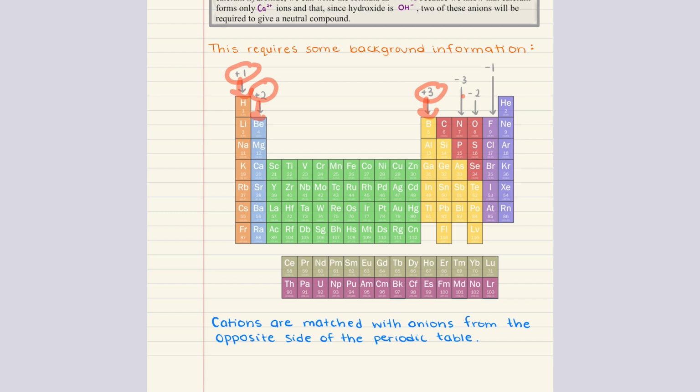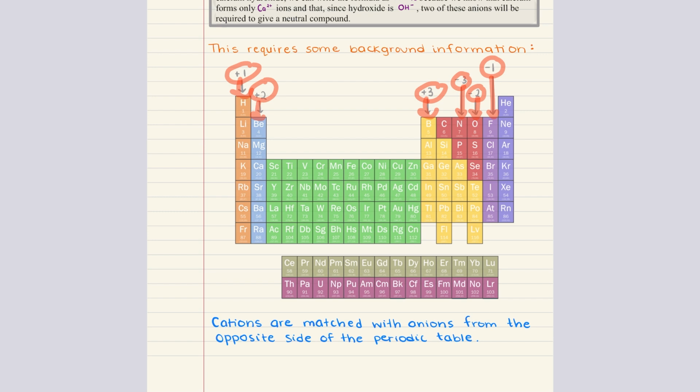Then over here we have group 15. They form -3 anions, so they gain 3 electrons. Group 16 over here forms -2 anions, so they gain 2 electrons. And group 17 elements typically form -1 anions, which means they typically gain 1 electron.